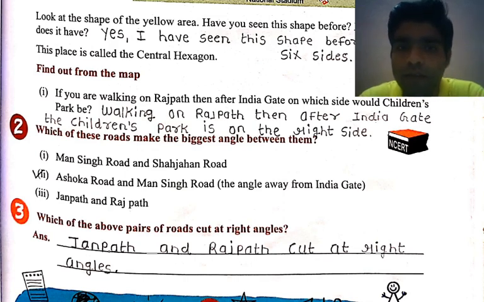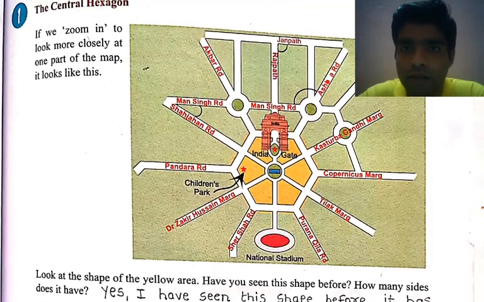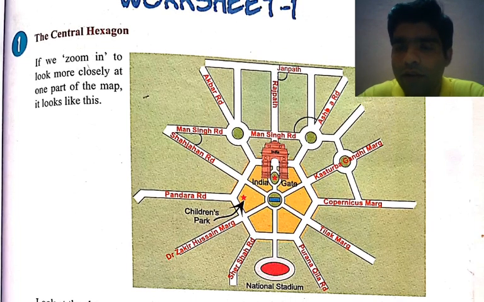A right angle means the angle measures exactly 90 degrees. The pairs are already given to you: Mansingh Road and Shahjahan Road, Ashoka Road and Mansingh Road, and Janpath and Rajpath. Out of these three pairs, we have to obtain the right angle, so we just check it.